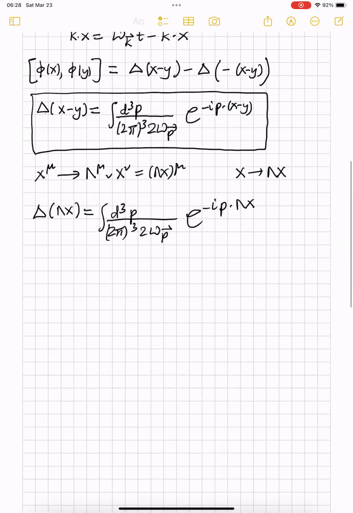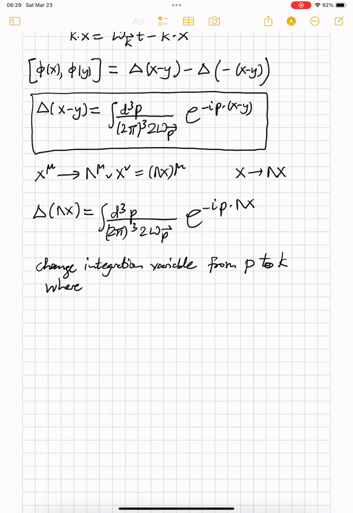So now let's change integration variables from p to k, where I want to have p equal to Λk. This 4-vector equation, p equals Λk, you would pick up the p_x, p_y, and p_z components. That would be written in terms of k_x, k_y, k_z. That would be the change of variables.